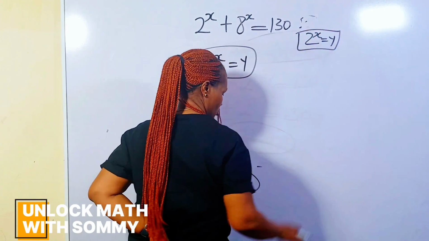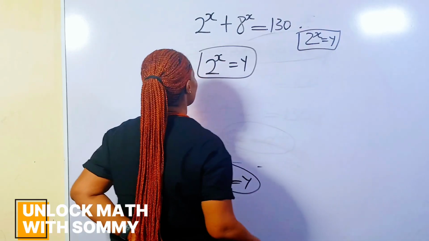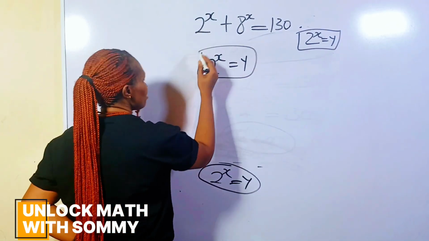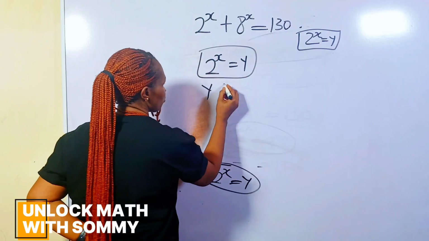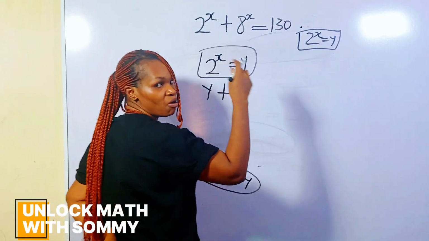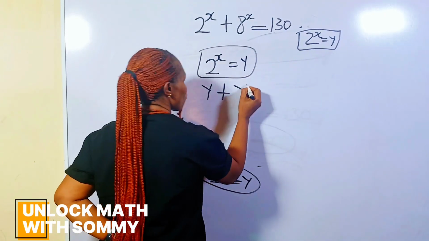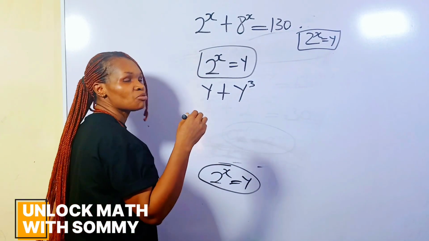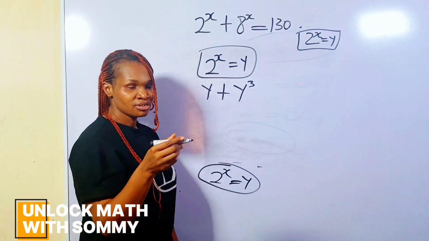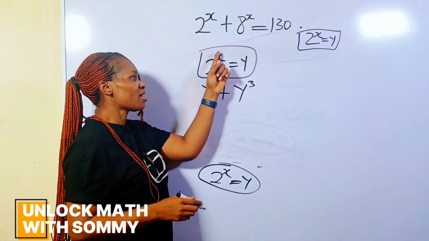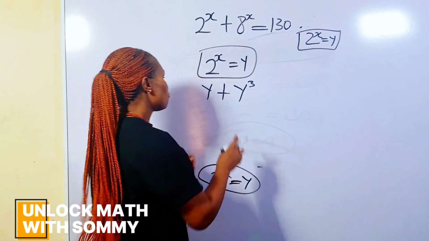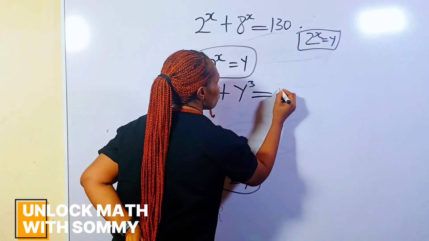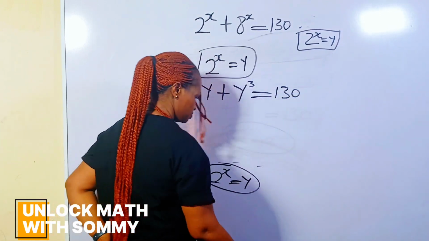We still come back to it. Now, we have y when we substitute here. Remember, we have 2 raised to the power 3s. Therefore, we now have y raised to the power 3, because we have 2 raised to the power s times 3, and we've already stated 2 raised to the power s is equal to y. Therefore, we have y raised to the power 3 plus y, which will be equal to 130.